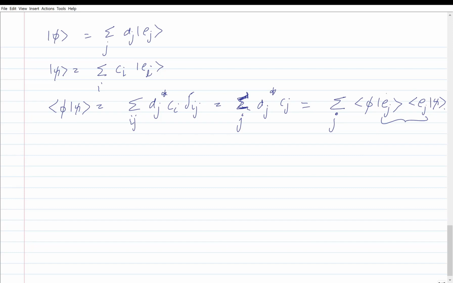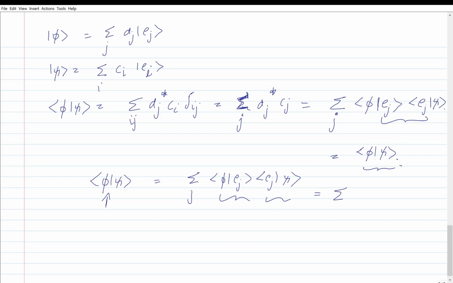The sum over the structure, which was the identity, comes out to be this quantity. So you could have just started from this, inserted the identity over there, and then concluded the value of the inner product in terms of the expansion coefficients.